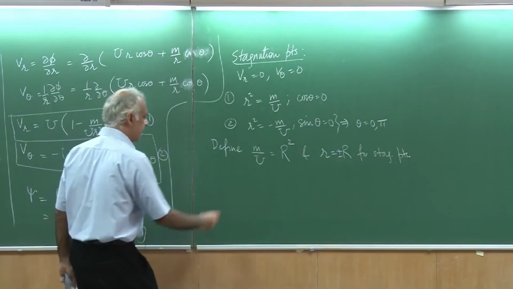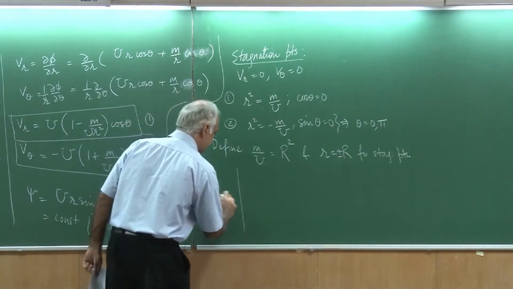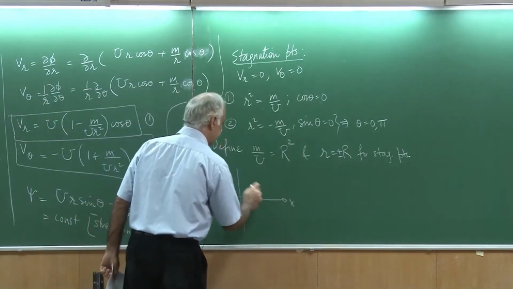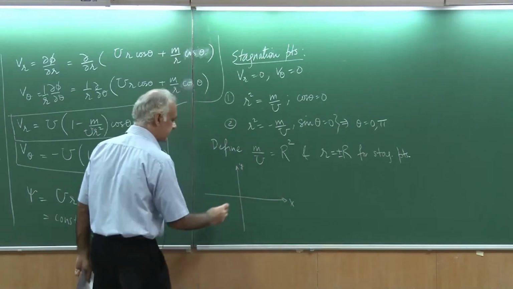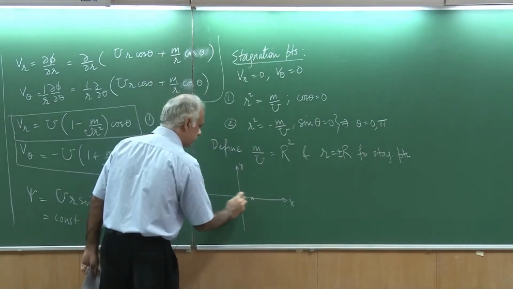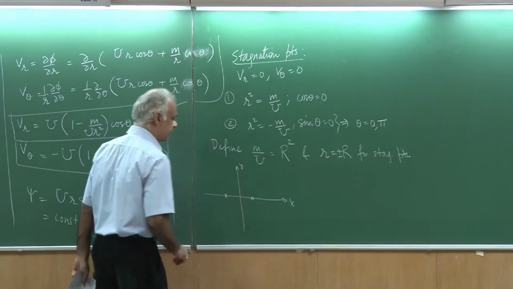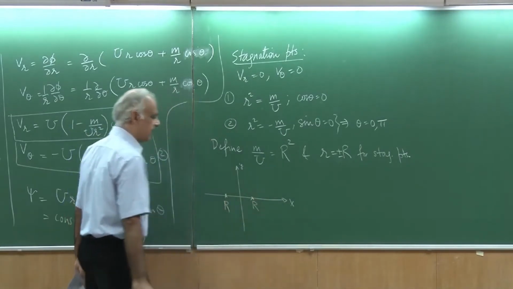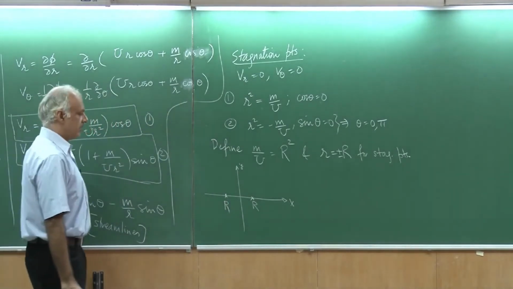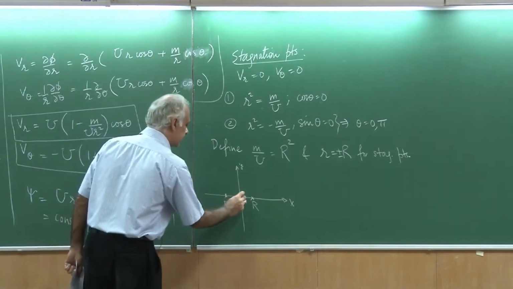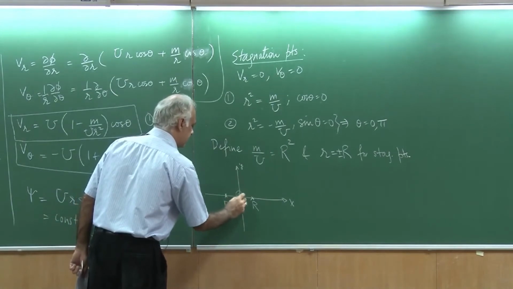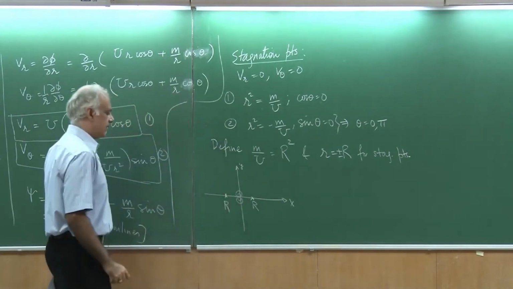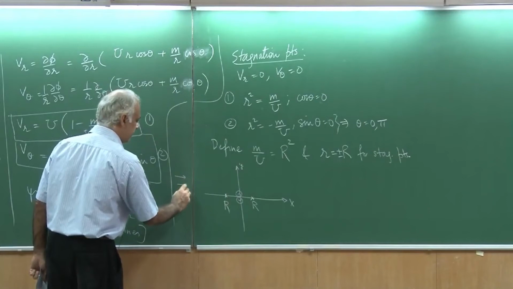So, essentially what I am saying is that if I draw the axis, this is the x axis, this is the y axis, then there are these 2 points which are the stagnation points, and they are located at r equal to R. And of course, there is a doublet in here, and of course, there is a uniform flow coming in.